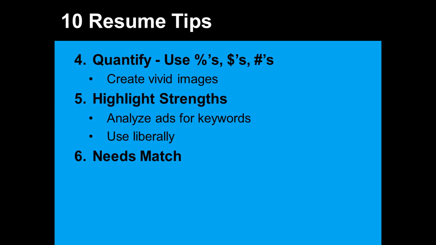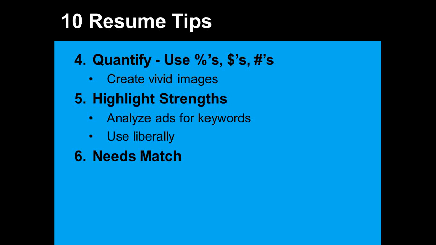So for example, a bad one would be saying account manager for an advertising agency. It's very bland. It just doesn't give as much impact as something good to say would, like managed 15 strategic accounts billing in excess of $15 million annually. That just has more power.